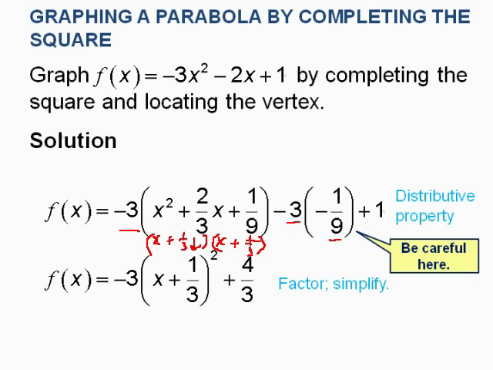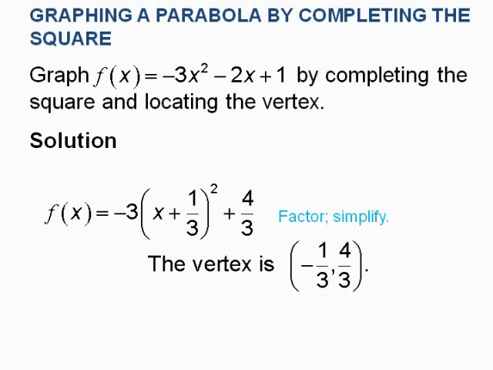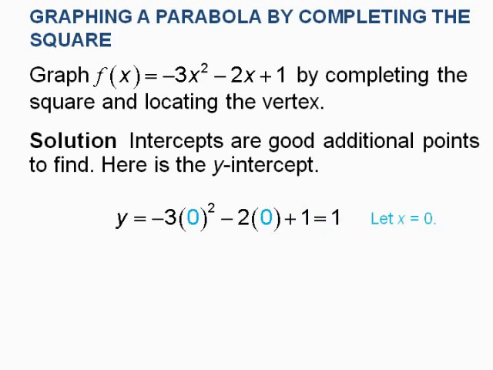And then we'll put the numbers together here. So this would be a plus 1/3. The -3 times -1/9 plus 1 would give us 1 1/3, or 4/3, and I think y'all can see the vertex from there is going to be what? (-1/3, 4/3). Okay.